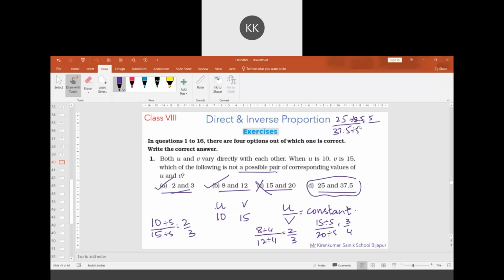Okay, sir. 12.5 two times is 25. 12.5 three times is 37.5. So this is also possible. Only option C is not possible because in direct proportion, the ratio is constant. This you must remember.